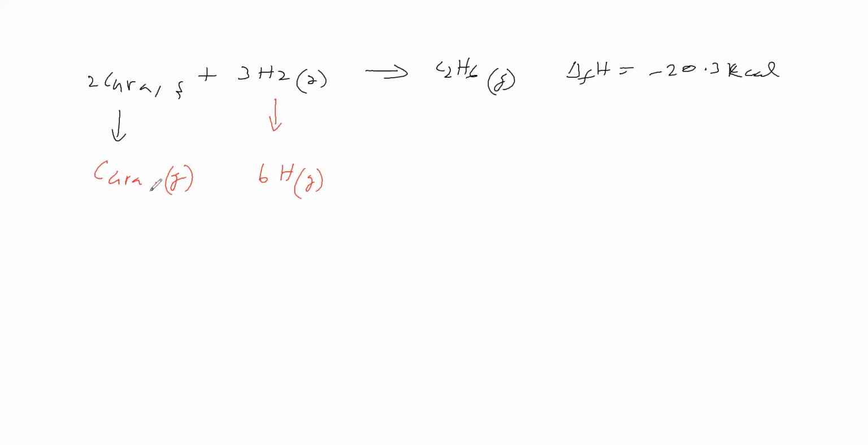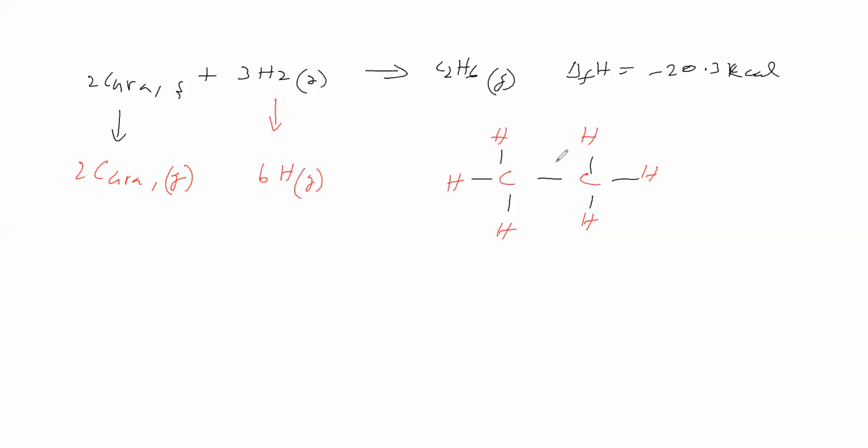Then these atoms rearrange and form the molecule: carbon atoms 2 times, hydrogen atoms 6 times, and bonds are forming like this.